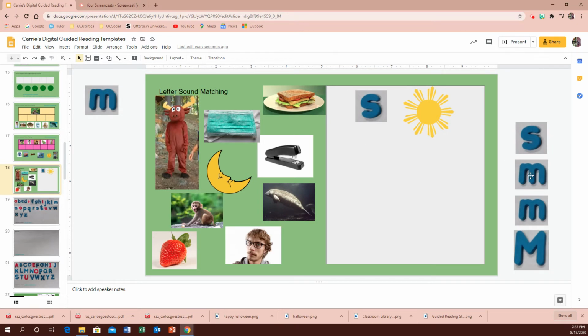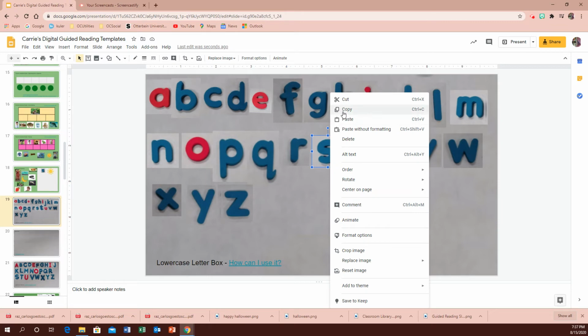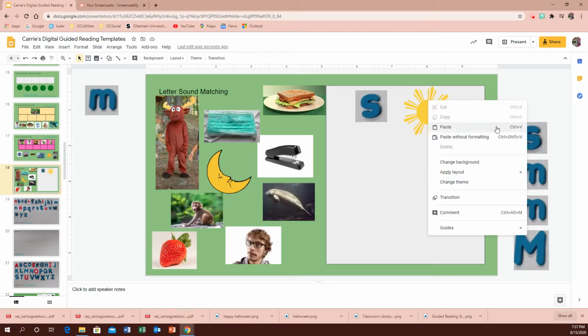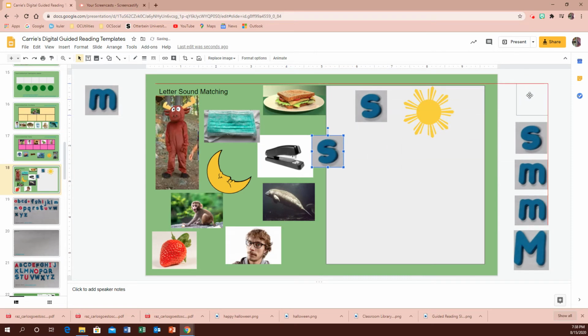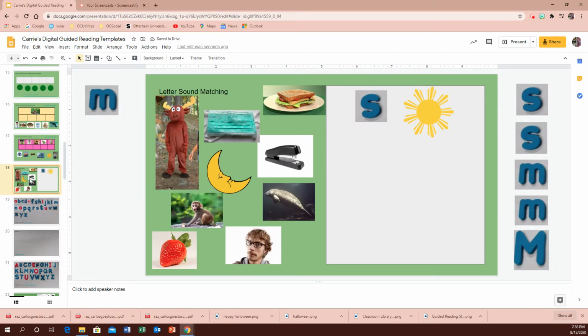And by the way, these letter targets came from later on in our slides by just copying and moving one of these letters up here. Always remember to copy, don't cut, or else your letter cache here in the letter box will be depleted. All right, so here is the sun, and we can now do the sort with a stapler.